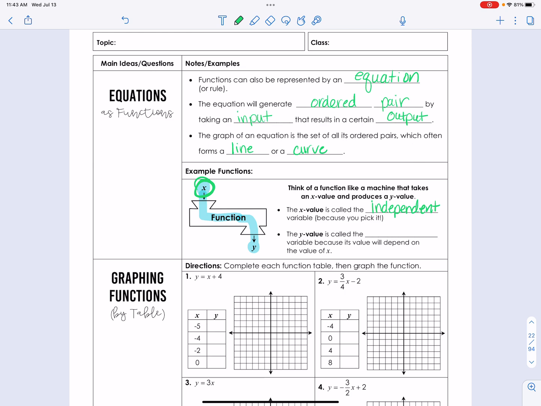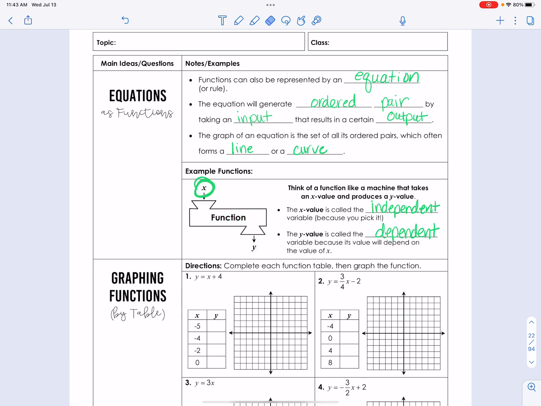So you control how many hours you work, and your check depends on how many hours you work. So the y value is dependent.